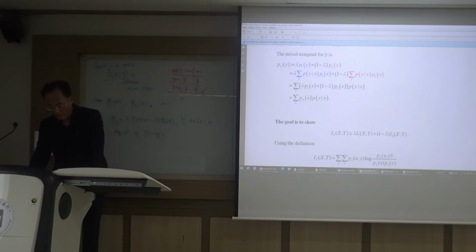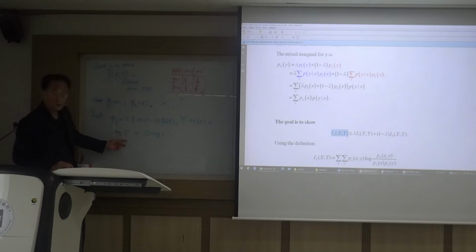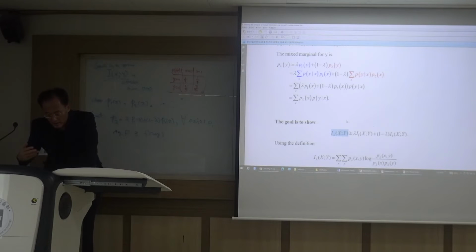And then now I'm going to use a notation for average of function, this one. So here I have to use joint distribution, right? What we have just named.